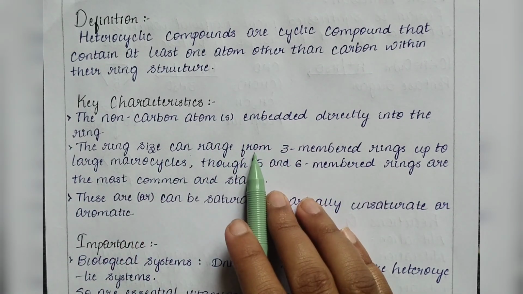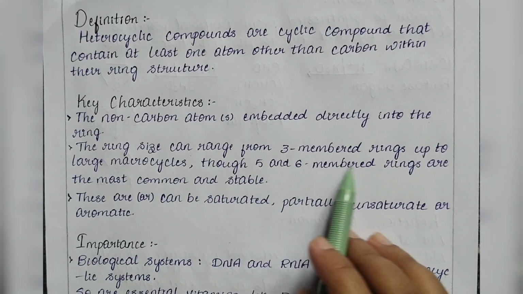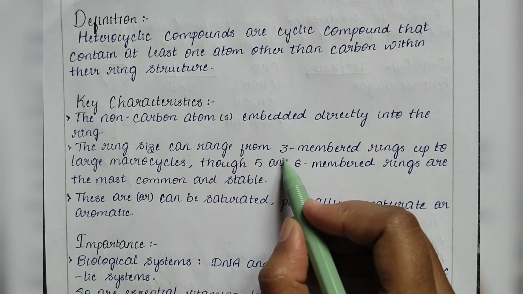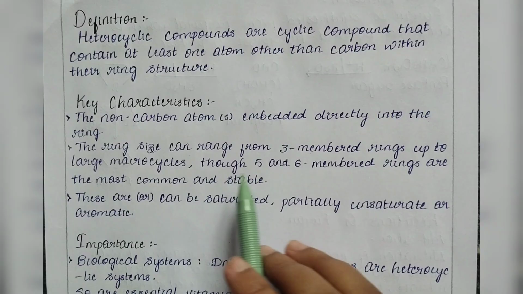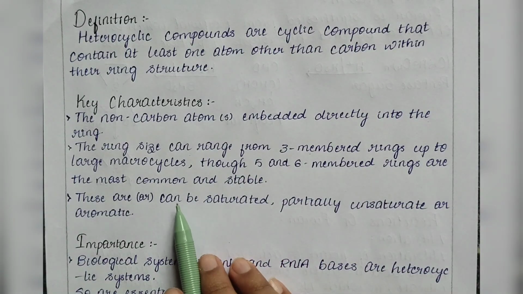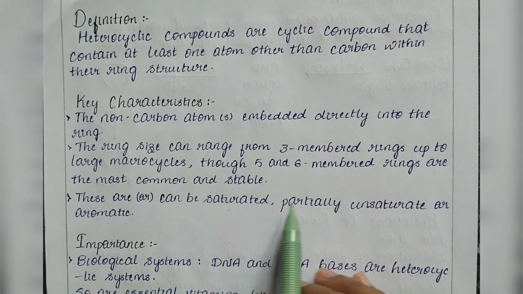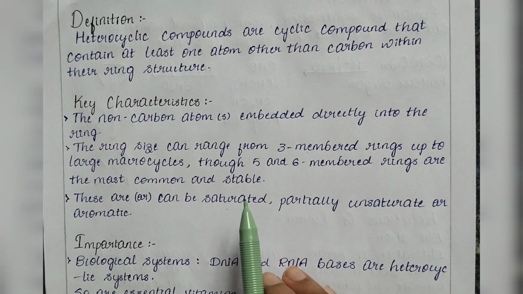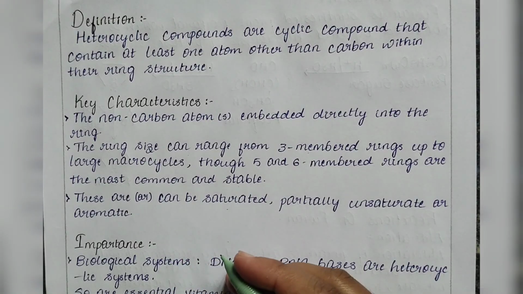The ring size can range from 3-membered rings up to large macrocycles, though the 5 and 6-membered rings are the most common and stable in nature. These can be saturated, partially unsaturated, or also aromatic in nature. These characteristics will be studied deeply in further sessions and videos when we take examples of individual hetero compounds.